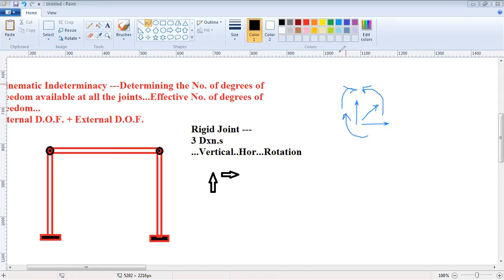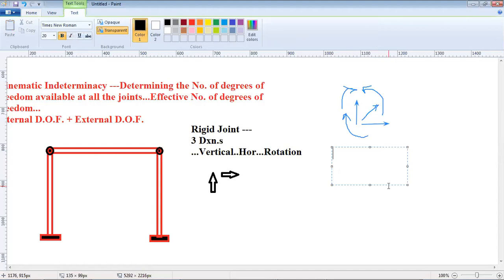So overall, you have theta xy, theta yz, theta zx, not moments, rotations.